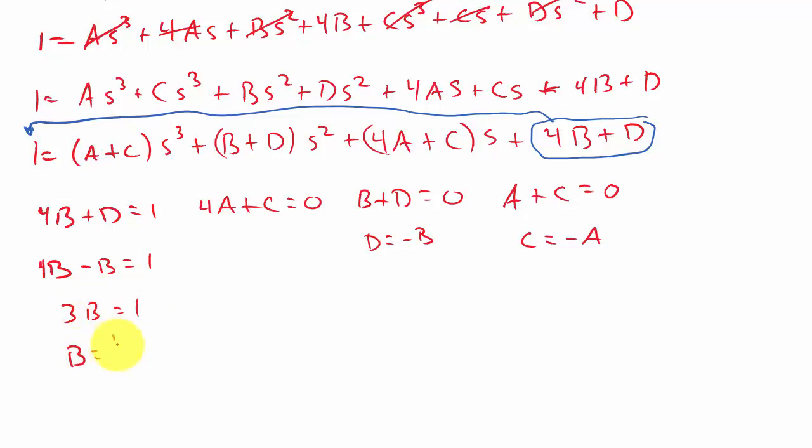B is 1/3. And then here you see the 4A plus C. Well, C is negative A. So I have 4A minus A equals 0. And so that gives me 3A equals 0. So A is equal to 0.